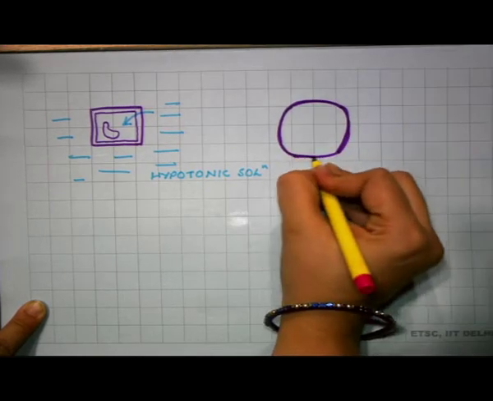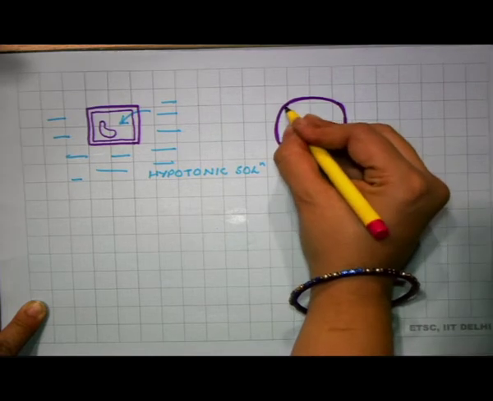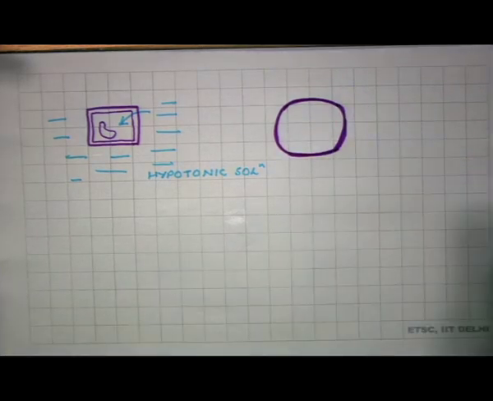The cell wall does not break or burst under this pressure, but it bulges out and the cell becomes turgid.